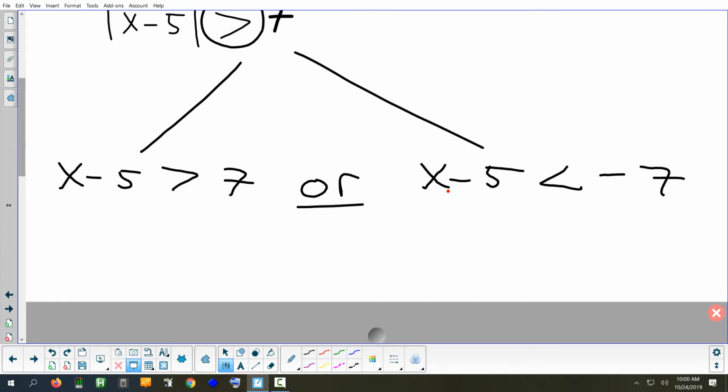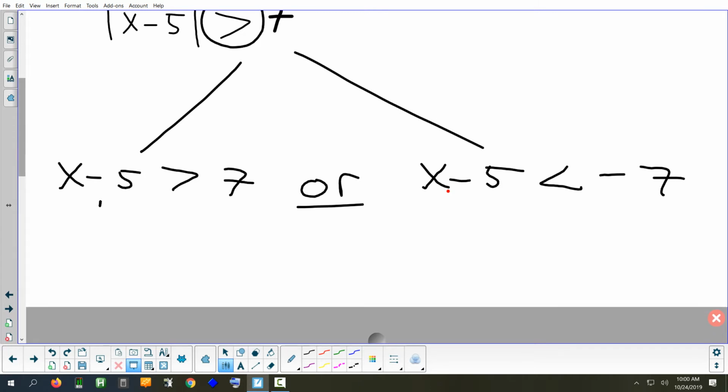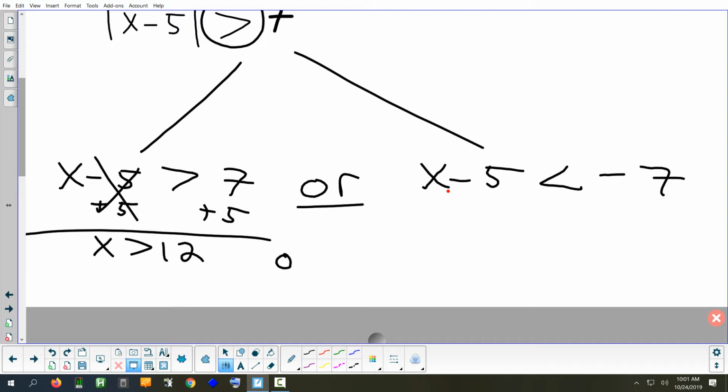You've got to add 5 to both sides, and then that cancels out, and then x is greater than 12. Or, how am I going to solve the one on the right? You're going to add 5 to negative 7.